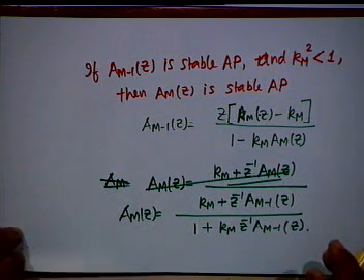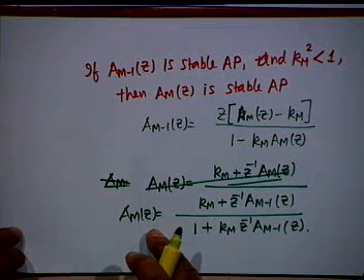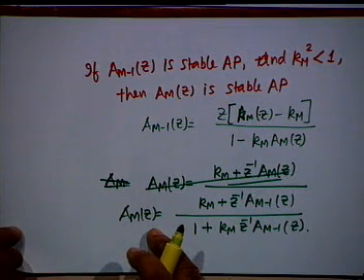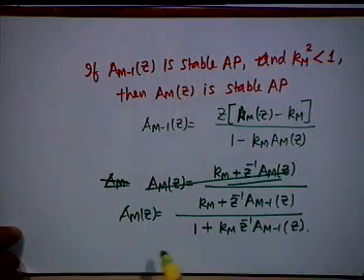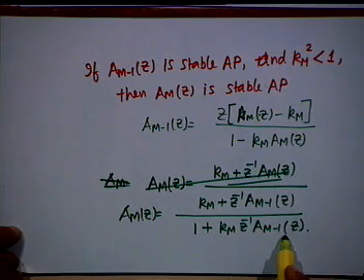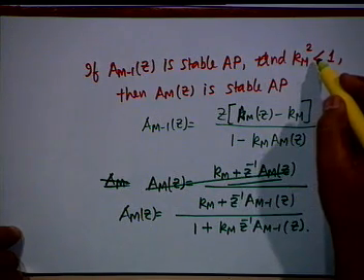Okay? Agreed? Now to prove that AMZ is all pass is trivial. Isn't that right? That's what we started with. AMZ was an all pass function. So, all we have to prove is that AMZ is stable under these conditions. That is, Am minus 1Z is stable, and Km squared is less than 1.